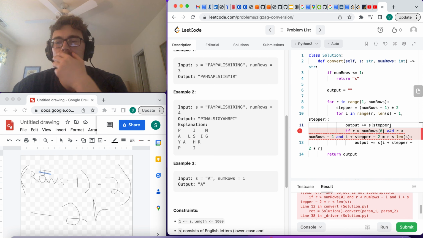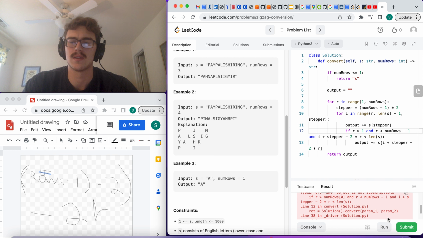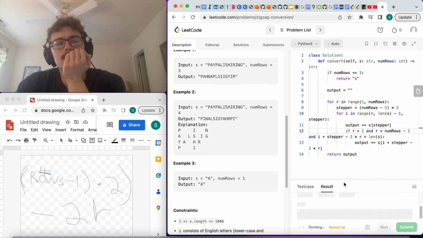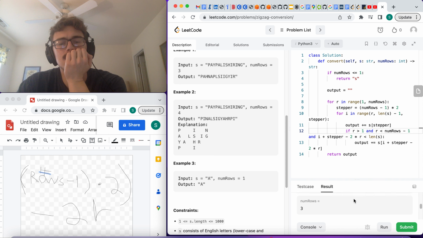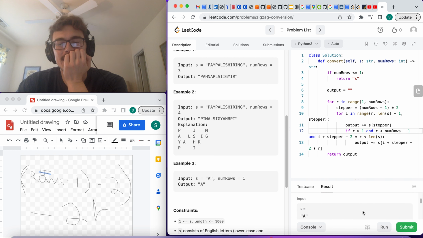If r is greater than the number of rows, yeah, so it's definitely not right there. What if we just said r is greater than 1? Okay. We just get off for all. Yeah, okay. No, that could be the right answer.